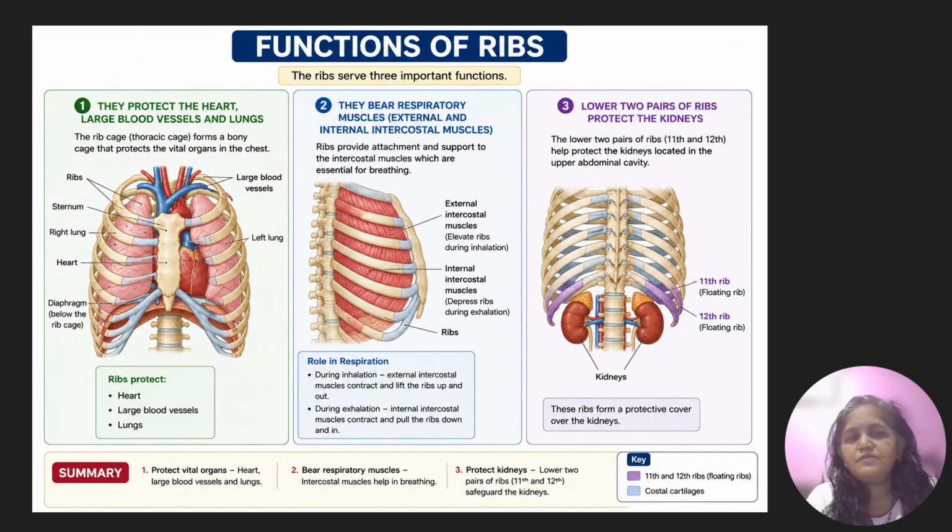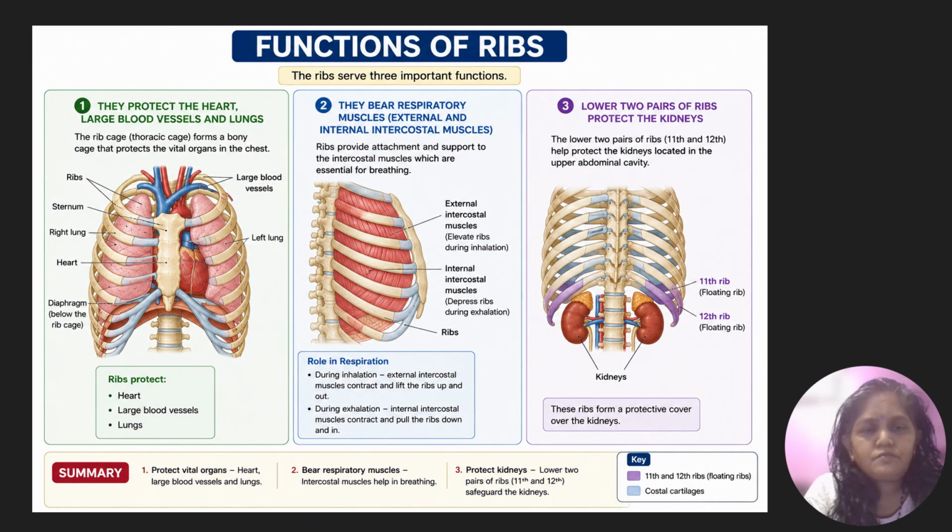Now, functions of the ribs. They help the large blood vessels like the aorta and vena cava. The vena cava is about to enter into the heart, and the aorta is going to come out of the heart, carrying pure oxygen.